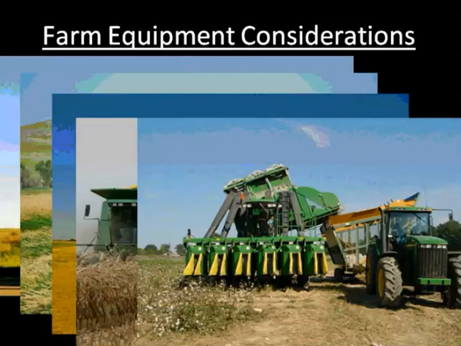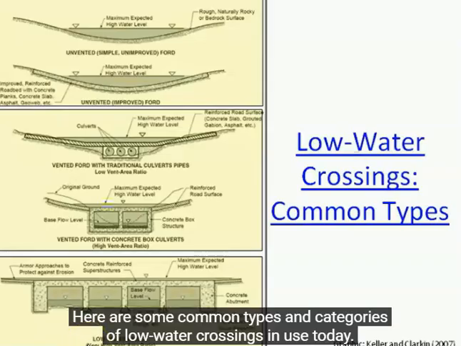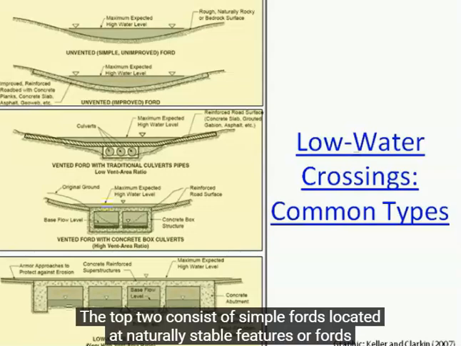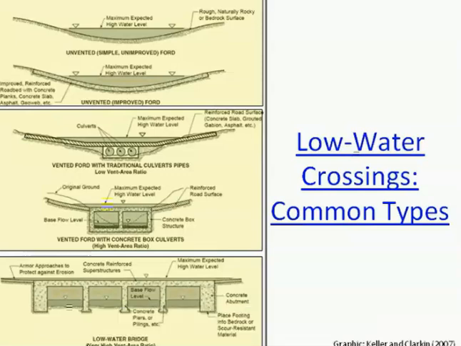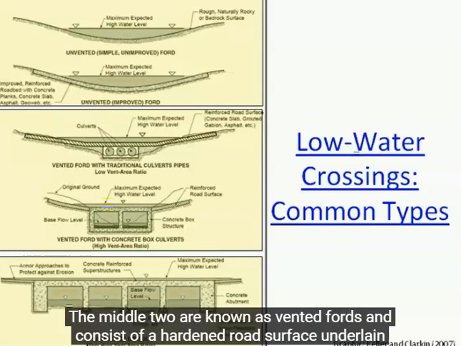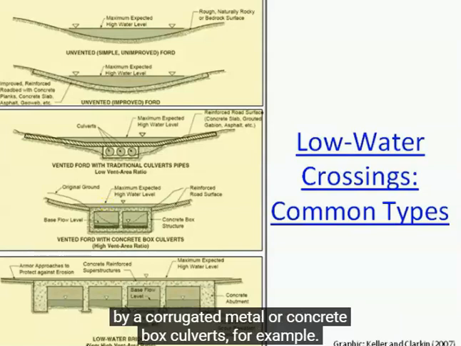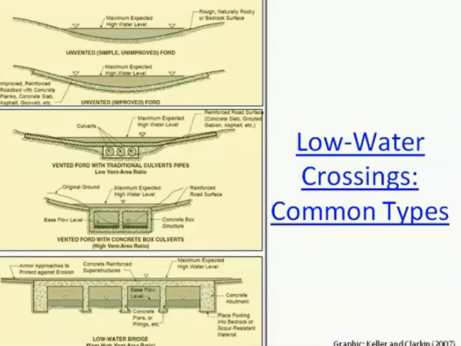Here are some common types and categories of low water crossings in use today. The top two consist of simple fords located at naturally stable features or fords at similar control sections improved with materials that harden the travel surface. The middle two are known as vented fords and consist of a hardened road surface underlain by corrugated metal or concrete box culverts, for example.